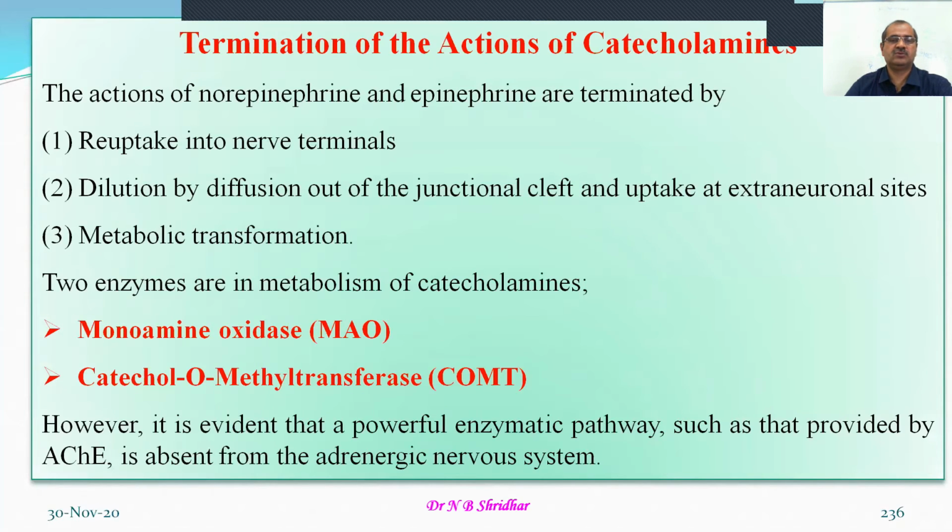Now the termination of the action of the catecholamines. Ultimately, the actions of norepinephrine and epinephrine are terminated by, number one, reuptake into the nerve terminals, uptake 1 and uptake 2; number two, dilution by diffusion out of the junctional cleft and uptake at extraneuronal sites; and the third one is metabolic transformation.